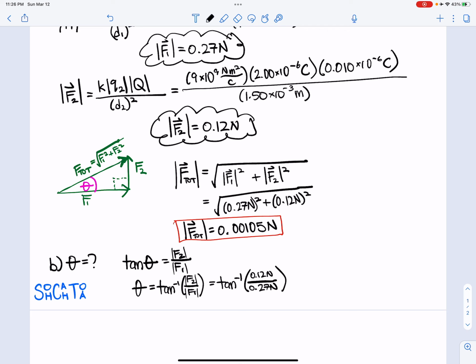All right, the units will cancel out, and I would get that theta is equal to 23.96 degrees above the horizontal.